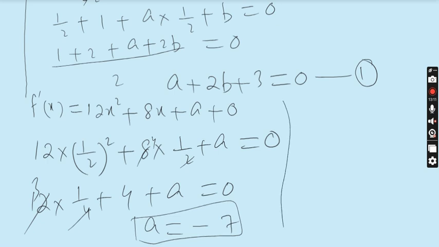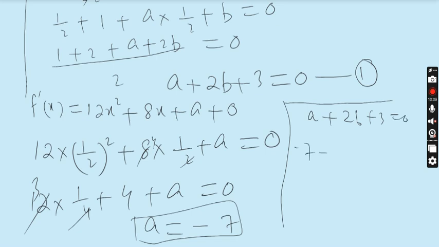Put the value of a in equation number 1 only, because we have only one equation; from the derivative side we get the value of a directly, so no need to make simultaneous equations. So equation number 1 is a plus 2b plus 3 is equal to 0.